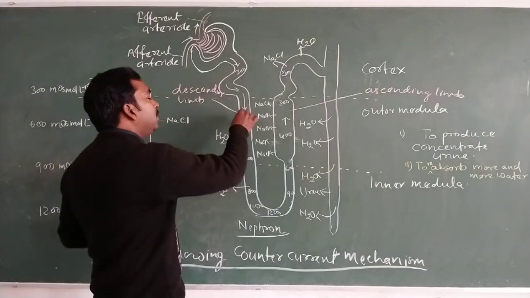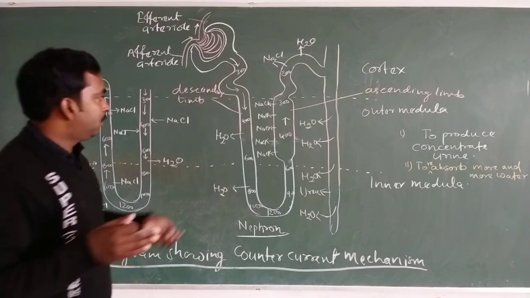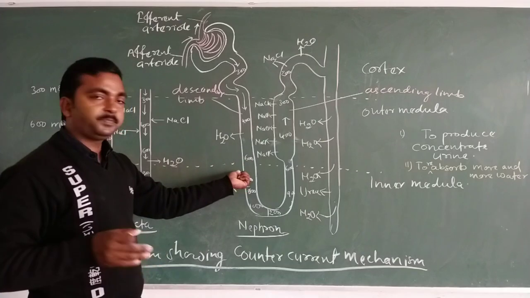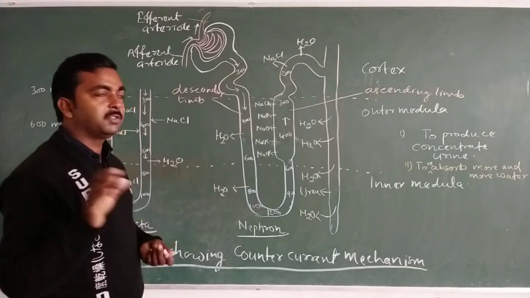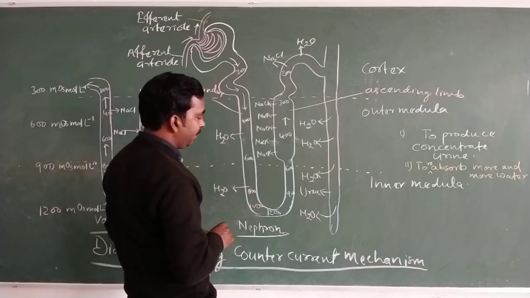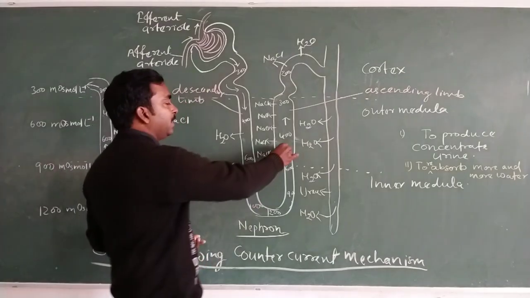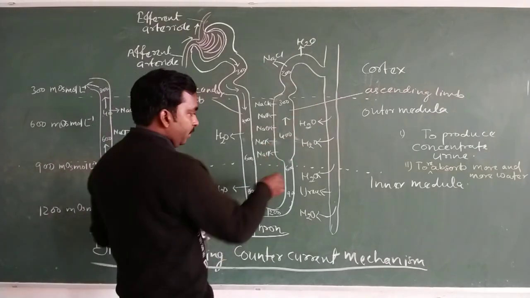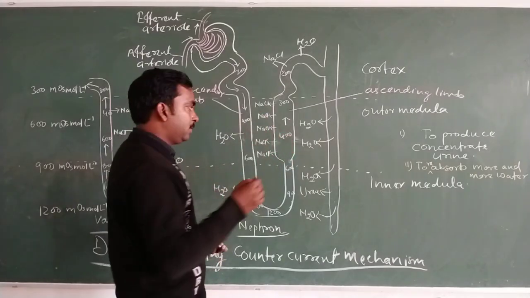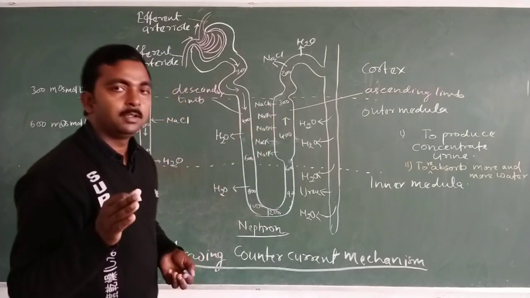So the osmolarity increases due to the removal of water. Inside the tubules, the concentration of electrolytes, or concentration of the filtrate, increases. On the other hand, the ascending limb of the loop of Henle is permeable to electrolytes, so the flow goes in the opposite direction.